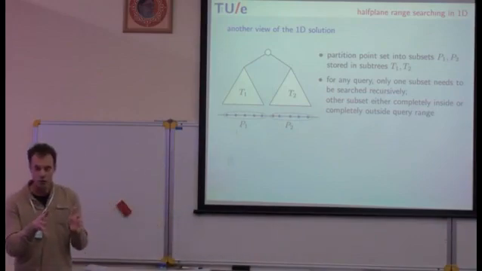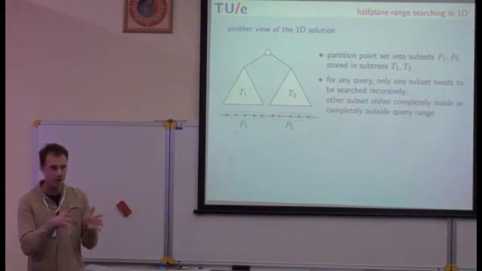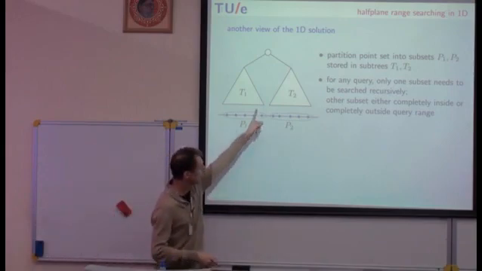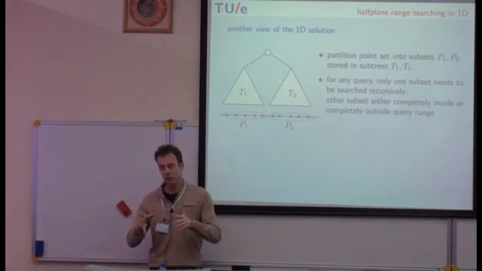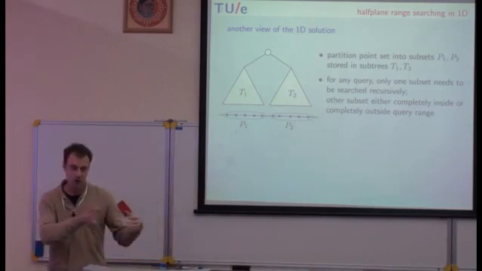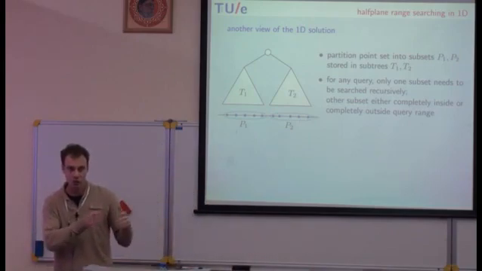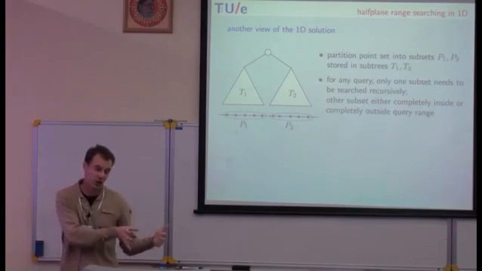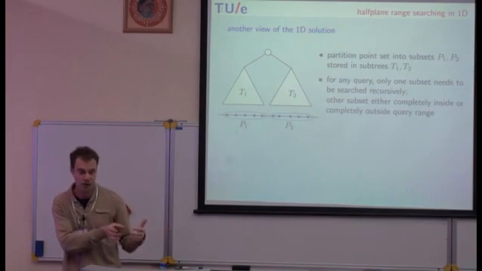And when you do a query, you only have to recursively check one of the two subtrees, because for the other one, it's always going to be either completely inside the range or completely outside.